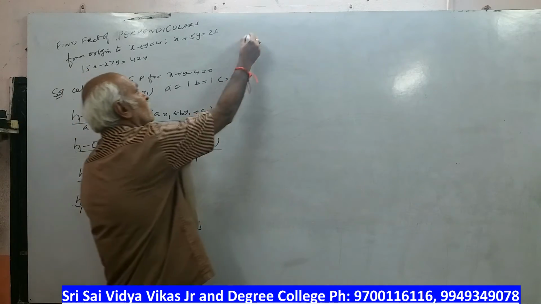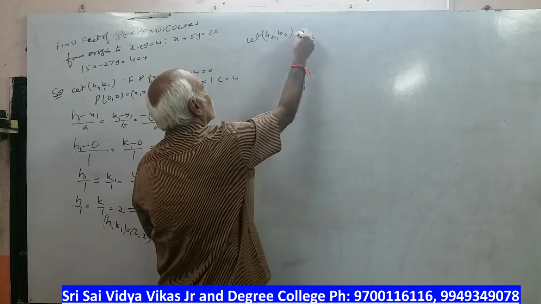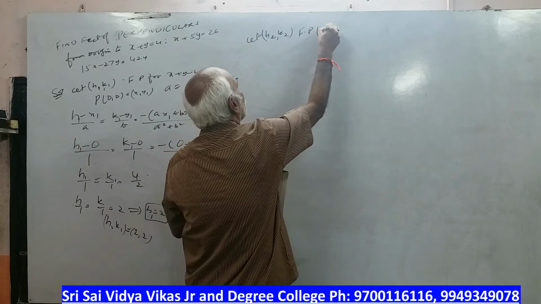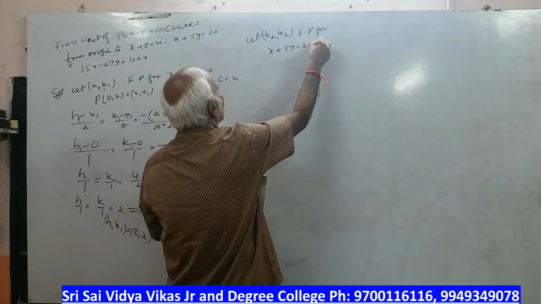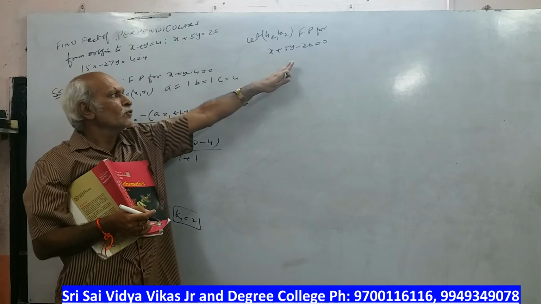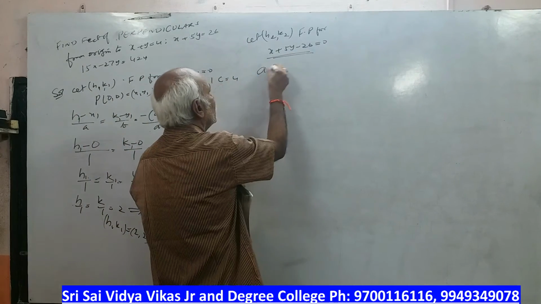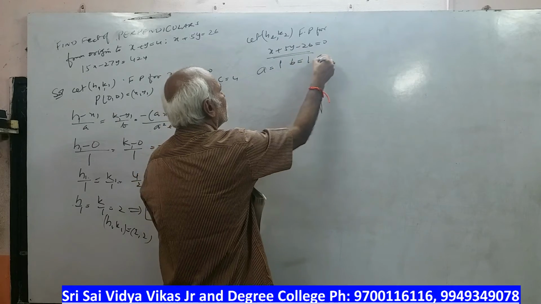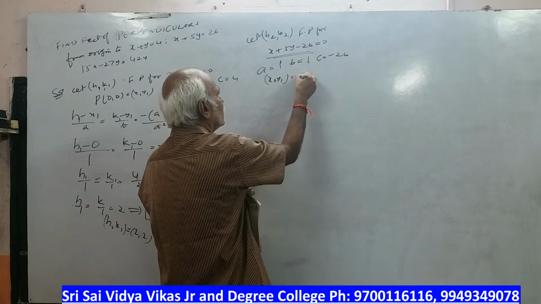Next, let h2 k2 be the foot of the perpendicular for x plus y minus 26 is equal to 0. Observe here, we are bringing this 26 to this side, it should always be equal to 0. This you have to remember. Then what is the a value? 1, b value 1, c value minus 26. x1 y1 is 0 comma 0.